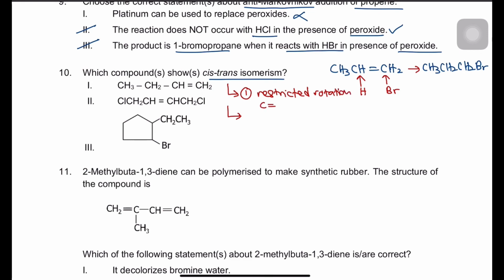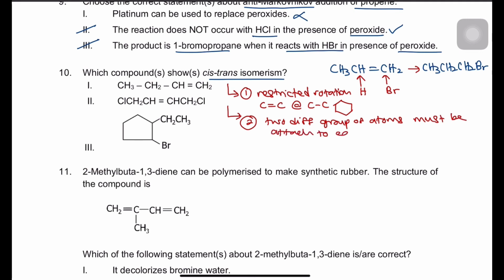You must remember it occurs either at a carbon-carbon double bond or a carbon-carbon single bond in a cyclic compound, for example. Condition number 2 is that two different groups of atoms must be attached to each carbon on the carbon-carbon double bond.